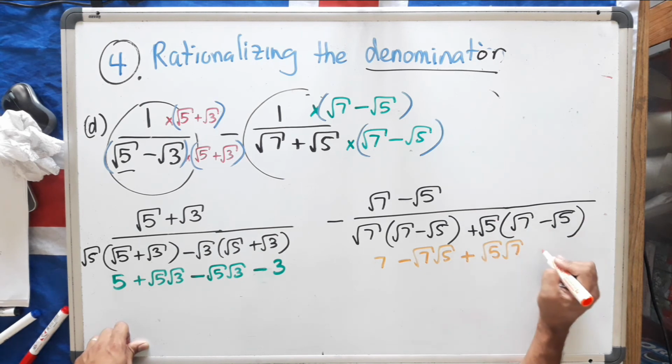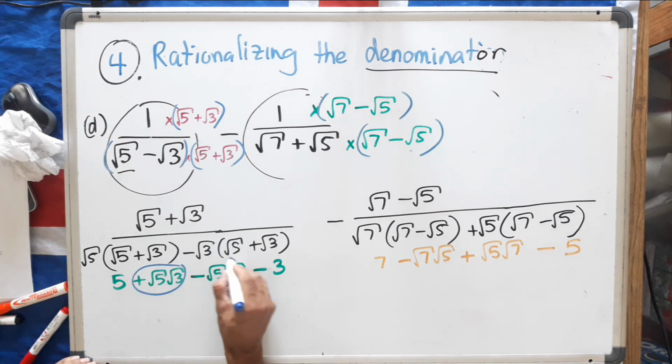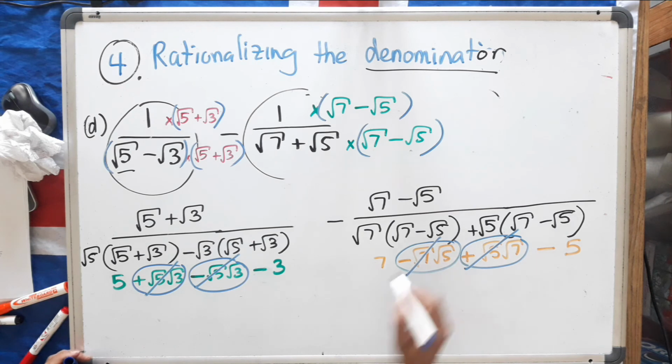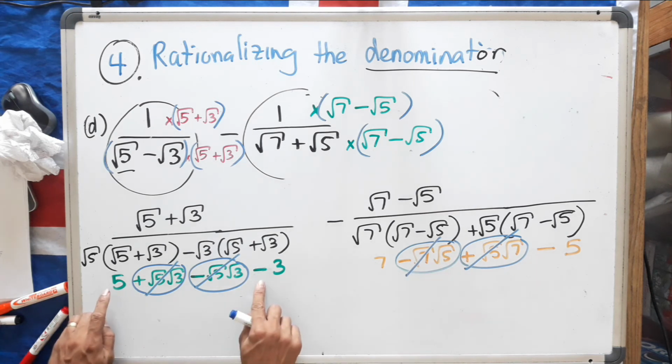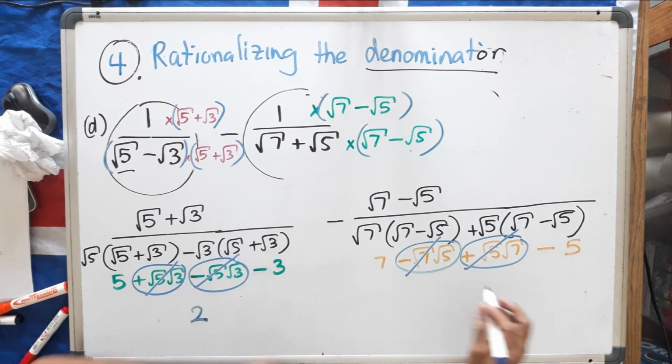A positive by a negative is a negative. The square root of 5 by the square root of 5 is just 5. Right, things are looking good. These two cancel out. These two cancel out. So underneath you end up with 5 minus 3, which is 2. And over here is 7 minus 5, which is 2.